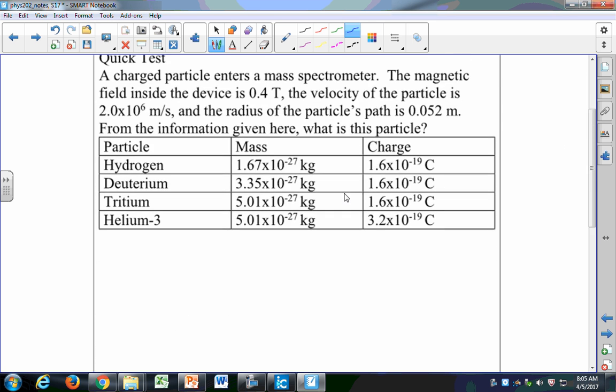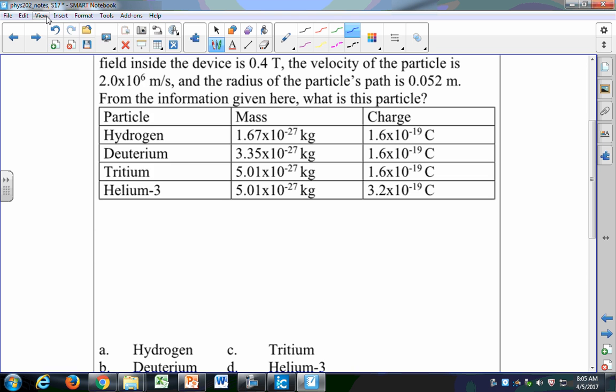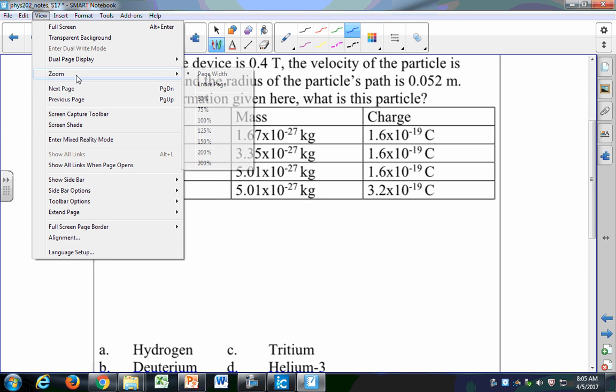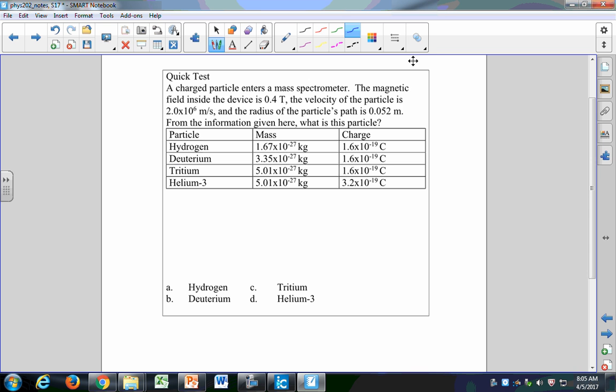All right, let's try this quick test. You'll probably have this on your next exam, so let's just practice. This is a similar question. Just identify the particle here.